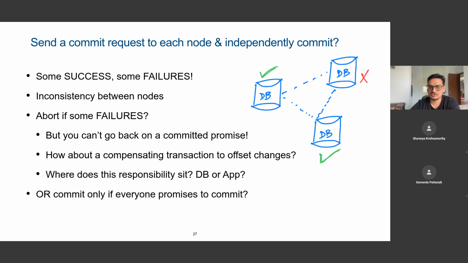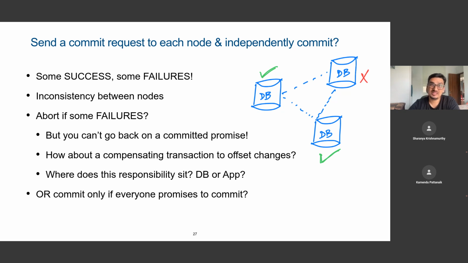In this situation, you have 2 successes and a failure here. Because you cannot go back on commits, these 2 DBs have committed, and that effect is shown in the DB. Maybe some other clients have already seen that data, and this one is failing. Because this can't revert, there is an inconsistency forever unless you fix it manually, probably.